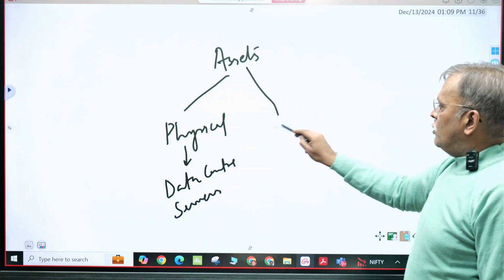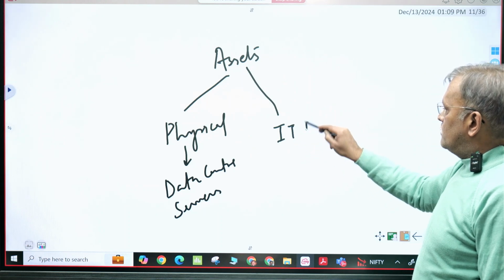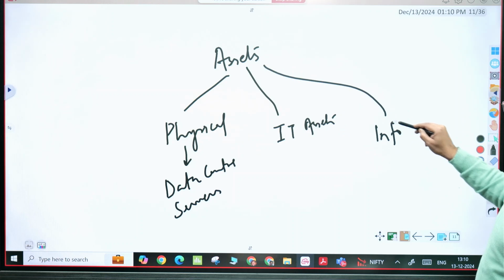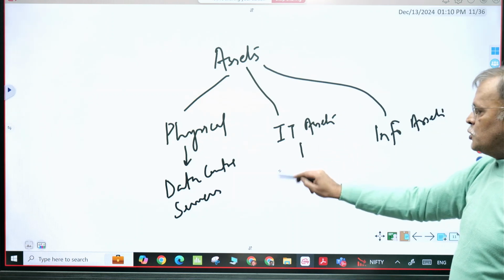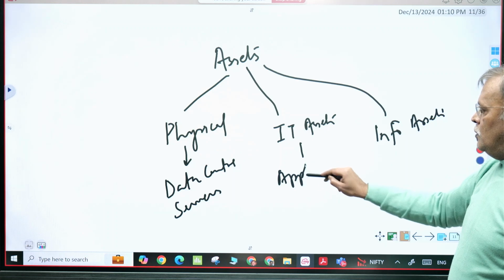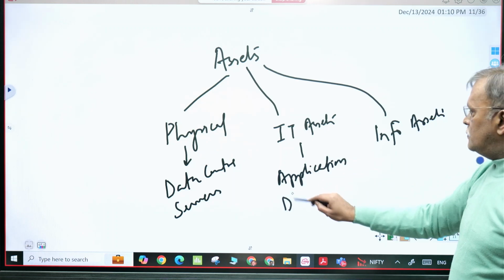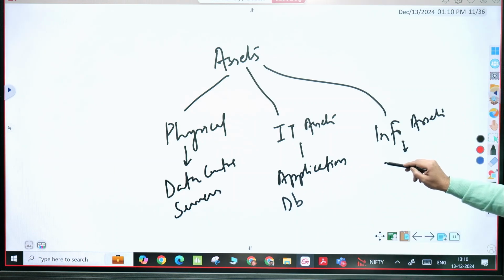There could be technology assets or IT assets, if I were to call them. And you could have information assets. We could have applications, databases, files, other sort of information.